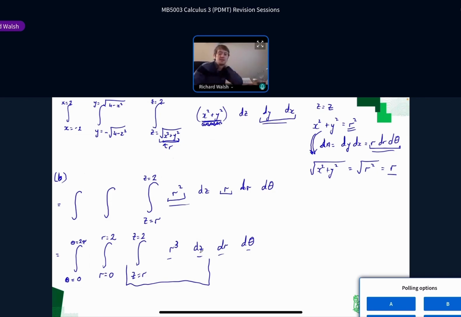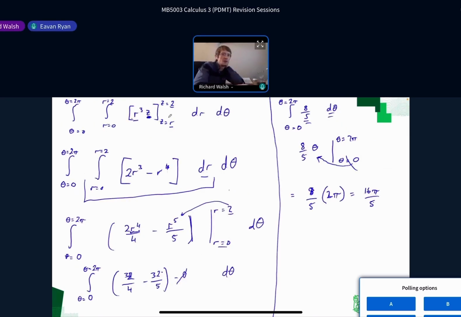So r cubed times z, and I do have z limits of 2 and r. So when I go subbing them in, oh yes, it's 2r cubed for the first limit. And the second limit will be r cubed times r, which gives r to the 4. Exactly. That's all right.